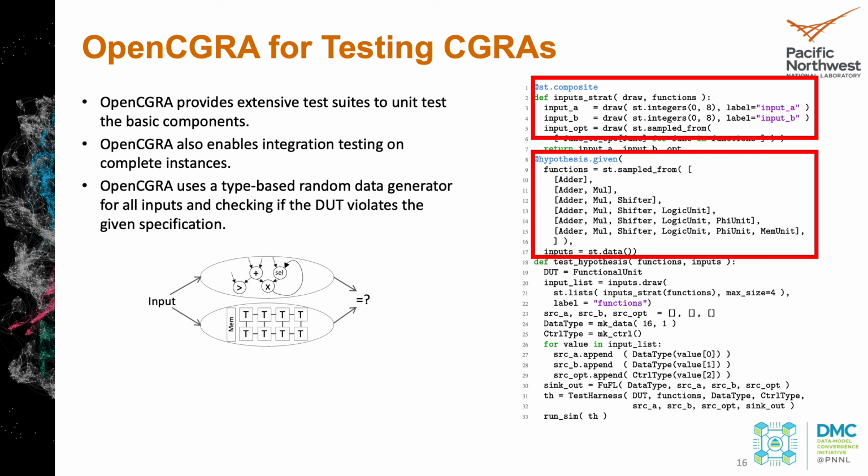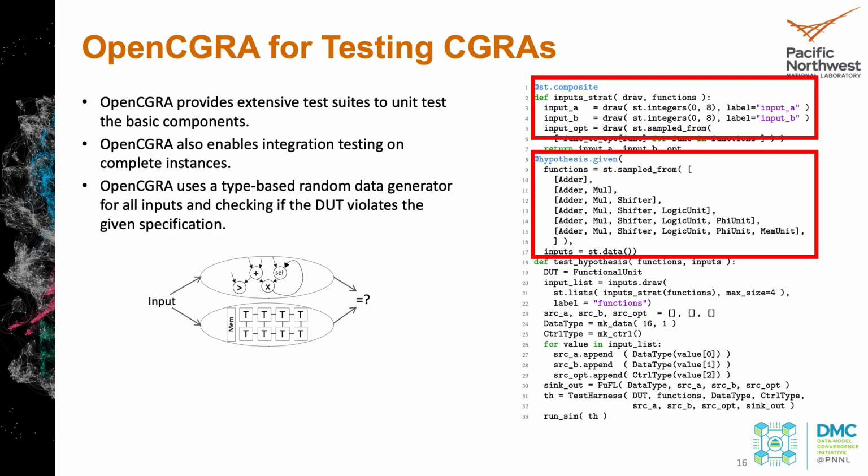This can significantly save the engineering effort in debugging. And showing the code, we can see that the hypothesis can automatically locate or find the minimum combination of the functionalities that cause the bug.